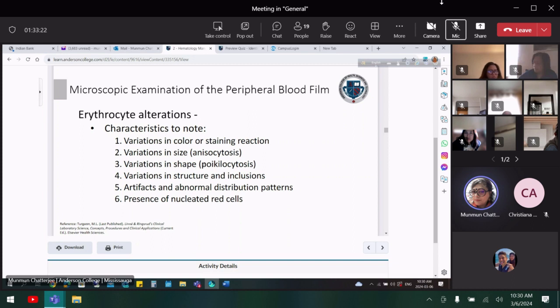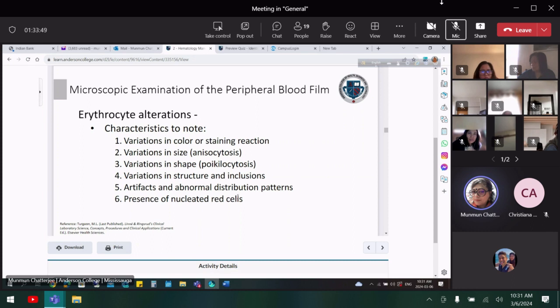Variation in shape is poikilocytosis. From anisocytosis, you can have the micro or the macro. But aniso means variation in size, and when it is variation in shape, it is called poikilocytosis.